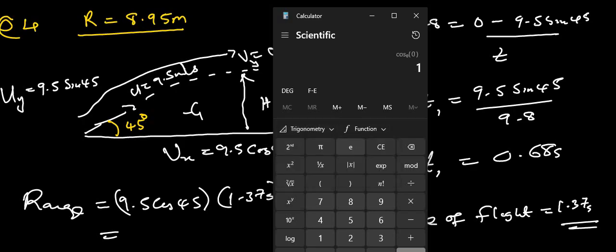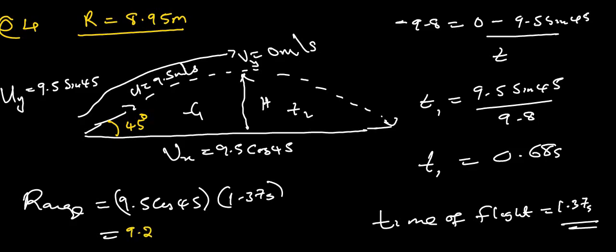So first of all, you start with the cos 45, which is this. So this guy then times 9.5 is giving us 6. Then this guy times, you're saying 1.37, this is giving us 9.2.